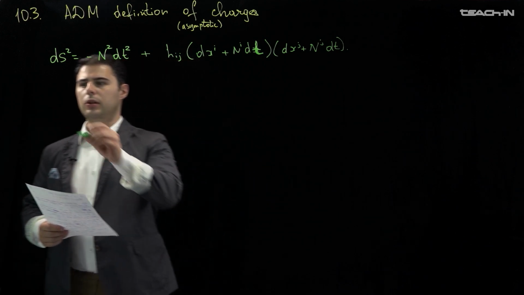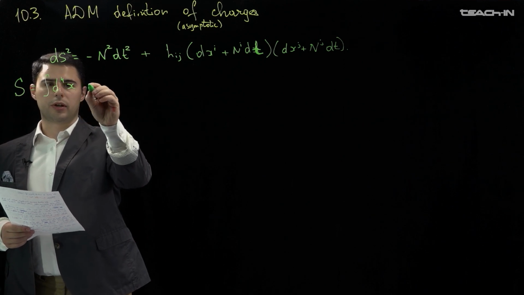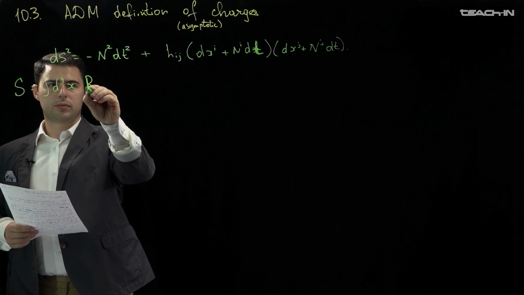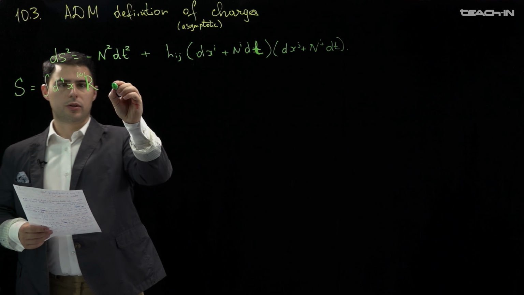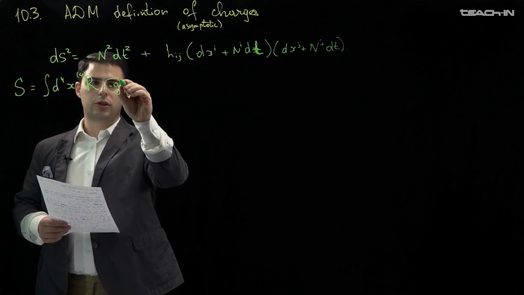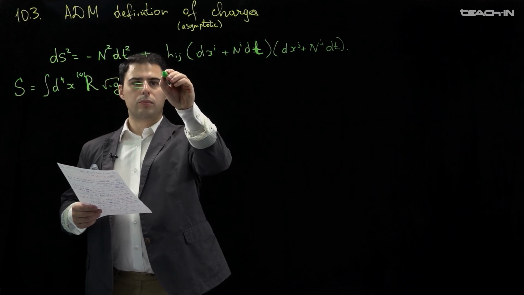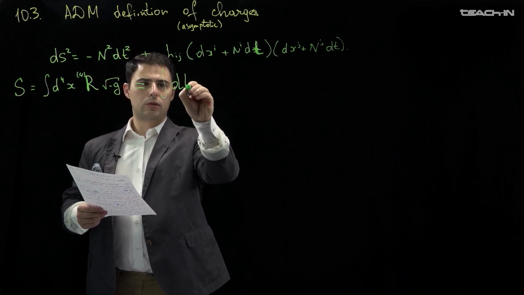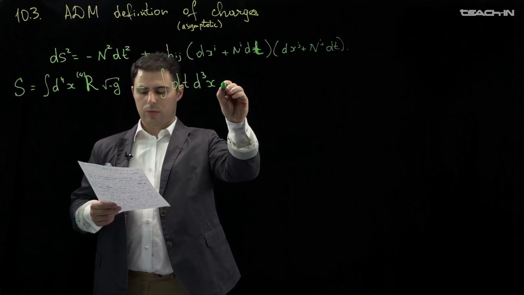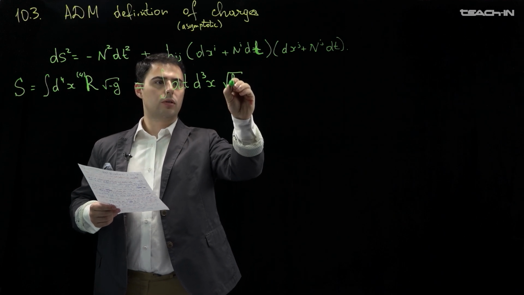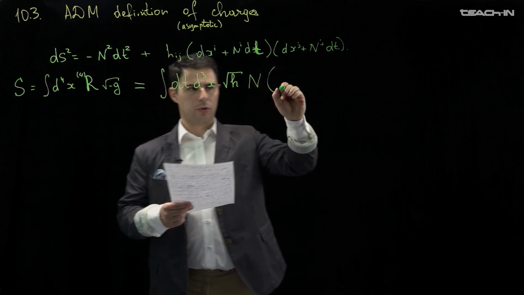The action for the gravity is given by S equals the integral d^4x of the four-dimensional scalar curvature times square root of minus g, which equals the integral dt d^3x of the square root of h N of the following quantity.